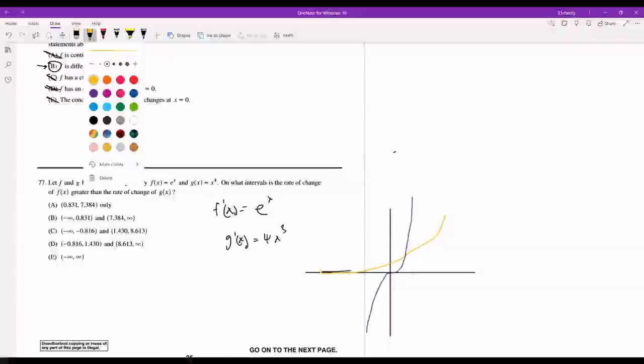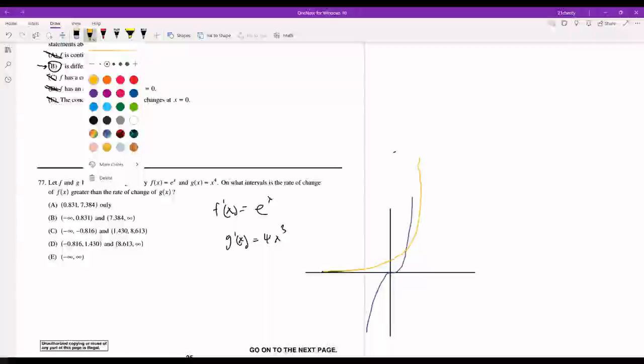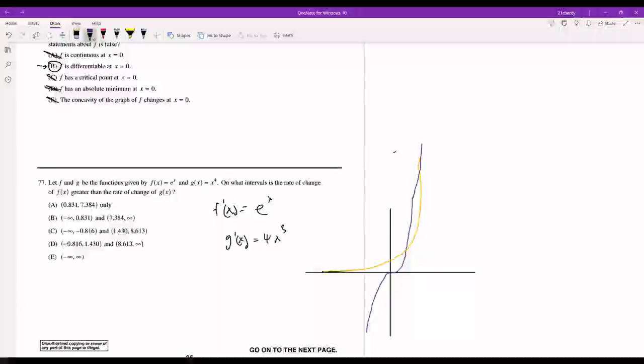Okay, let me redraw this first graph so it's more, there we go. It's a bad picture, but we can see the rate of change of f of x.